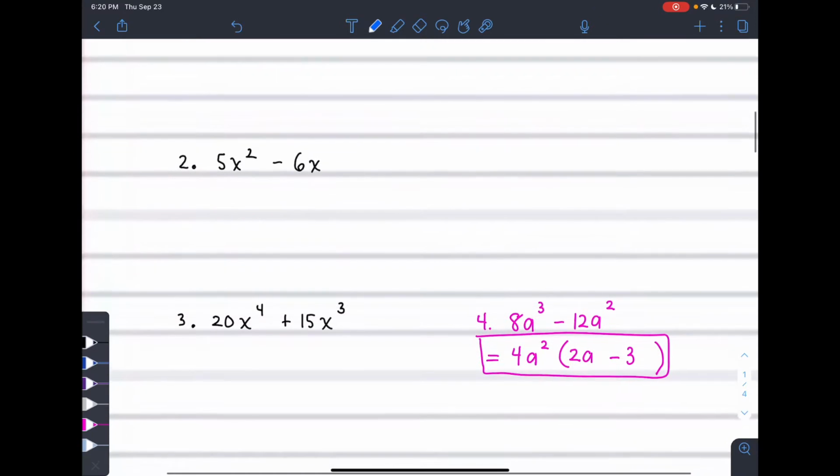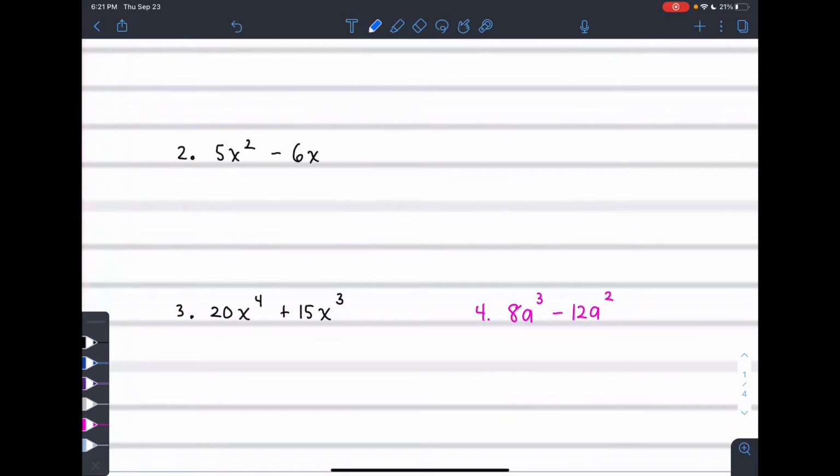Okay, number 2. We have 5x squared minus 6x. This one's a little different. Between 5 and 6, they don't share a common term. However, I can rewrite each term as 5 times x minus 6 times x.